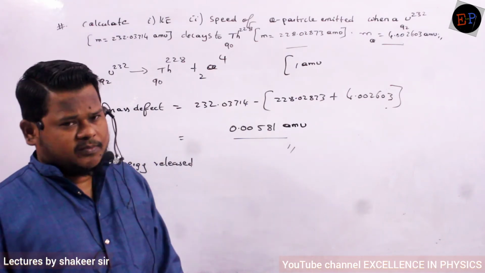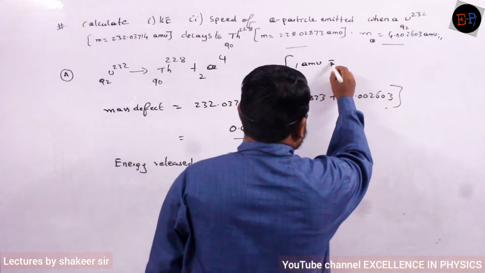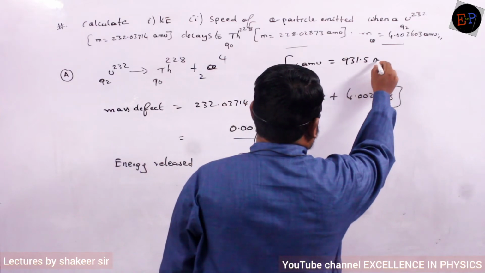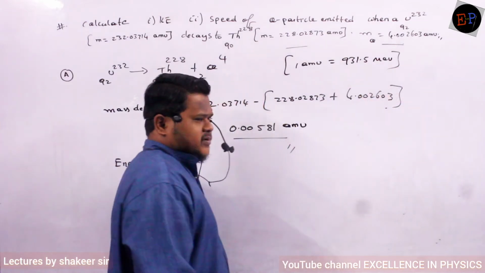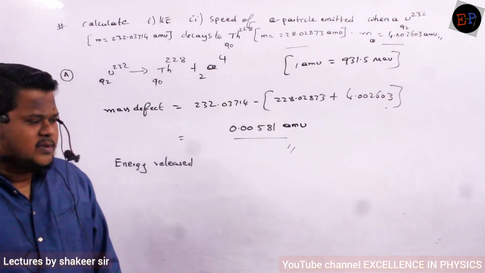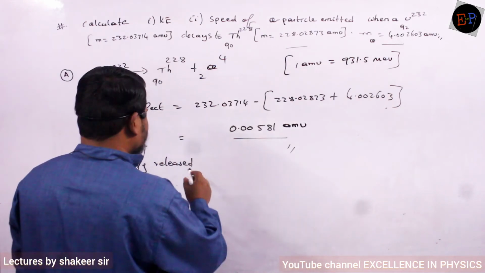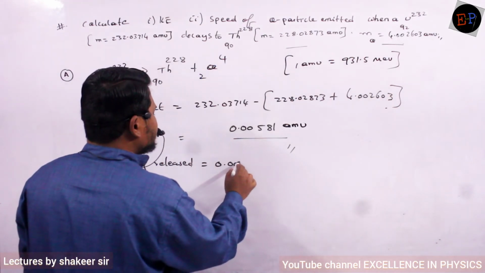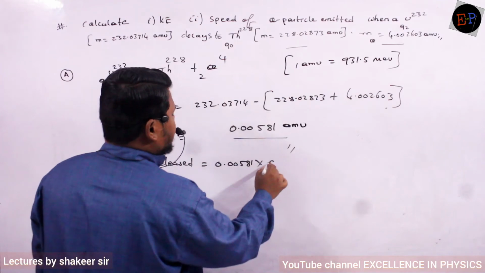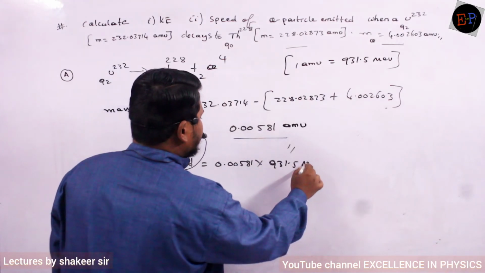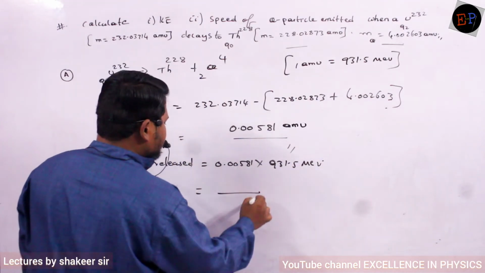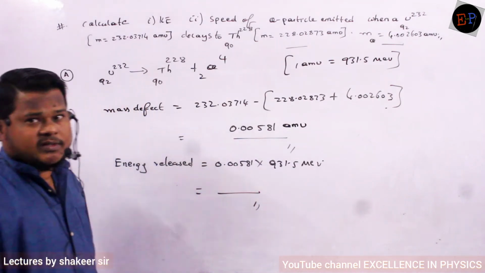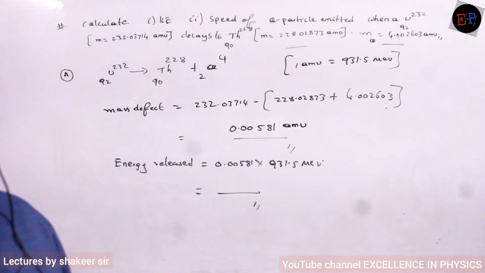If 1 AMU is converted into energy, then 931.5 million electron volts of energy will be released. So the energy released is 0.00581 multiplied by 931.5 million electron volts. If you do this calculation, you will get the total amount of energy released. Okay, make a note.